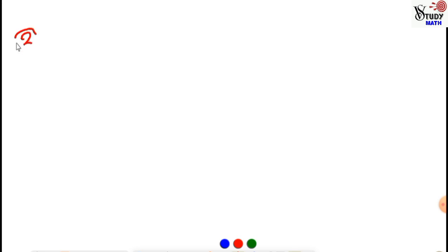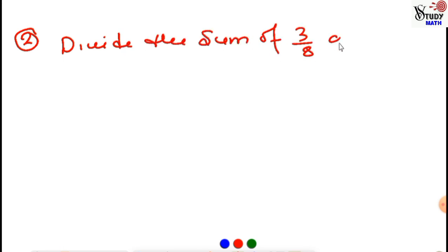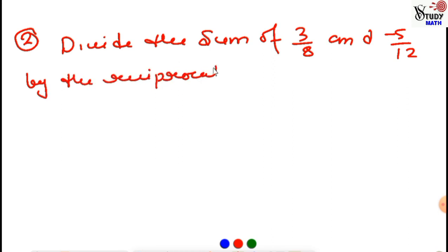Question number 2 is that divide the sum of 3 by 8 and negative 5 by 12 by the reciprocal of negative 15 upon 8 multiply 16 upon 27.